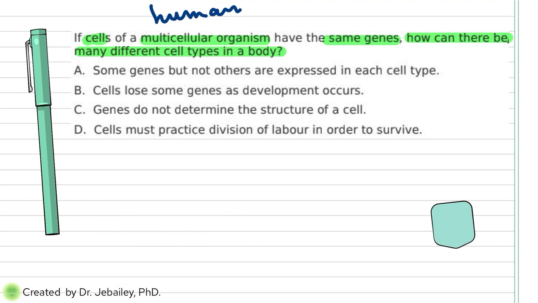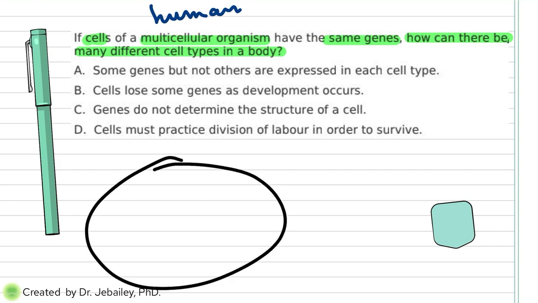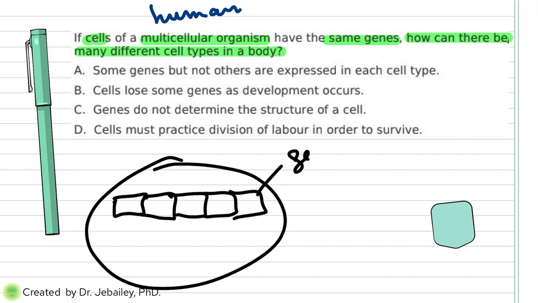So imagine all of the cells are just like this one right here. And in the cell, I'm going to put the genes. Let's say 1, 2, 3, 4, 5. Let's say each one of these is a gene. Now, let's say there's 100 cells, and all of them have exactly these 5 genes. The difference is where you're located.